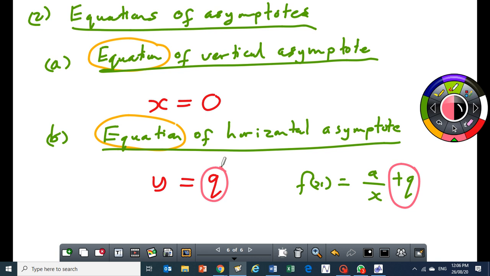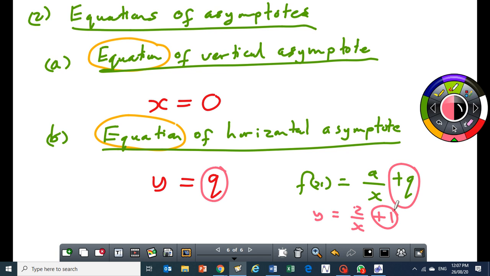Like for example, if I give you a function, say y equal to 2 over x plus 1, it means q is 1. Okay, pay attention. It means q is 1. Therefore, the equation of the horizontal asymptote will be y equal to 1. Okay, so whatever value you have here, that's the one that you put there.